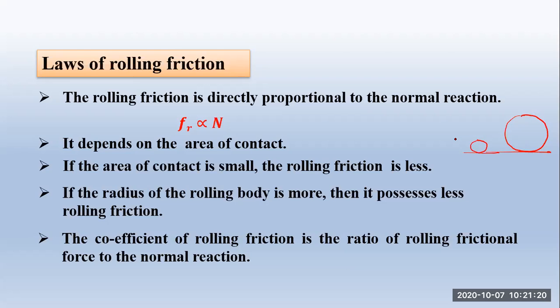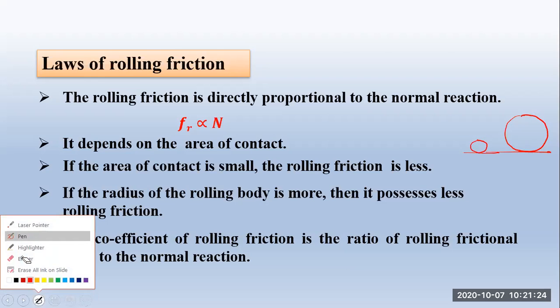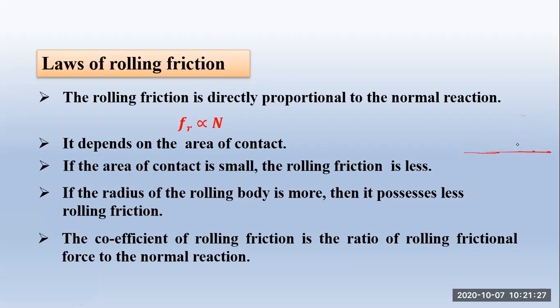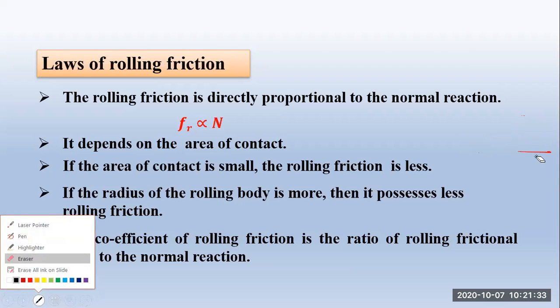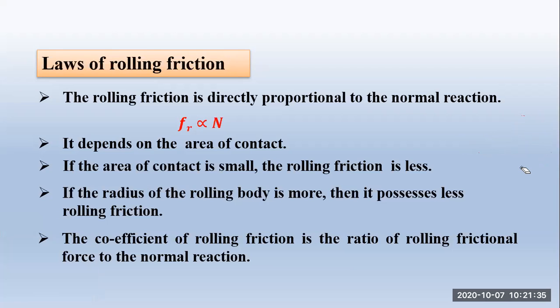So what I was saying was, for a rolling object, the area of contact is just a point.